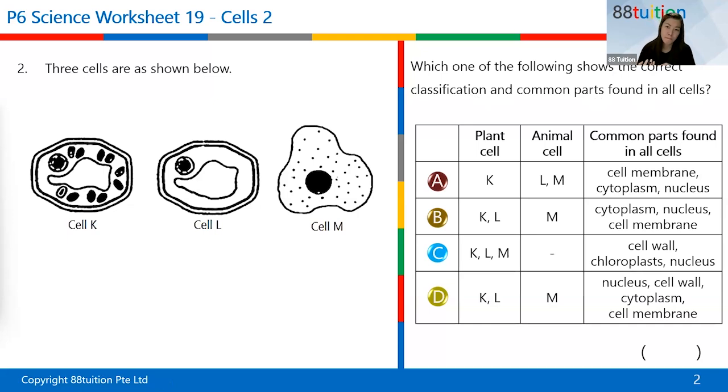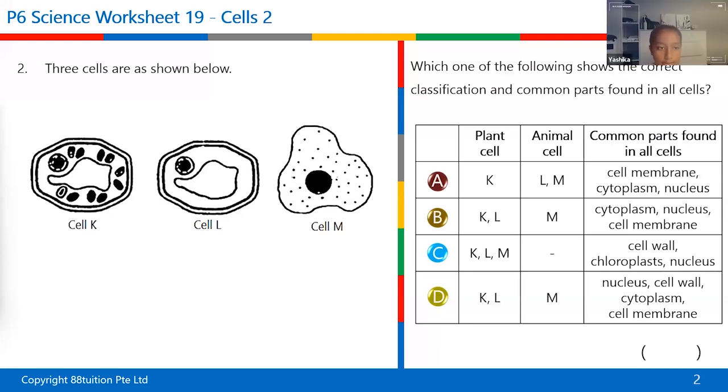Are they animal, animal, animal? Is it plant, animal, plant? Yashika? Plant, animal. Why is that so?